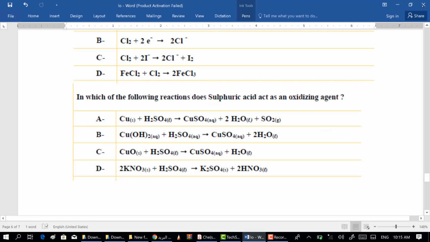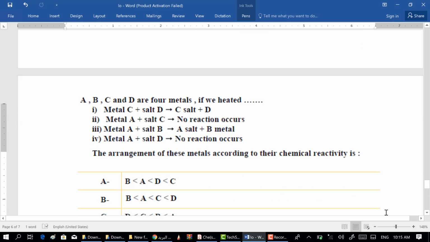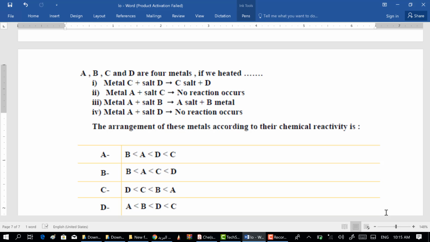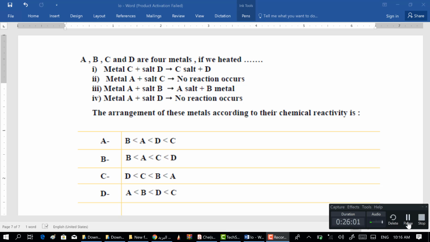Another question? If we heat... for this reaction, A, B, C, and D are four metals.